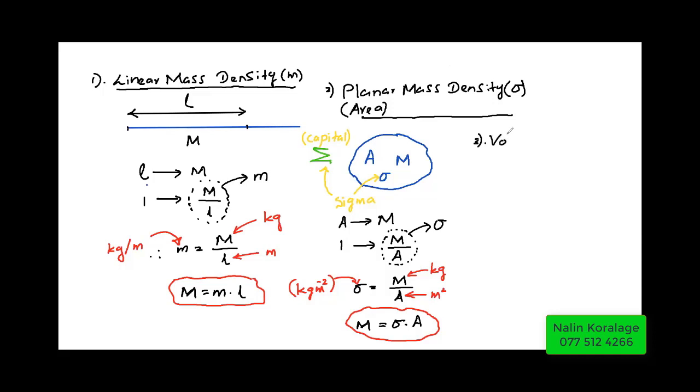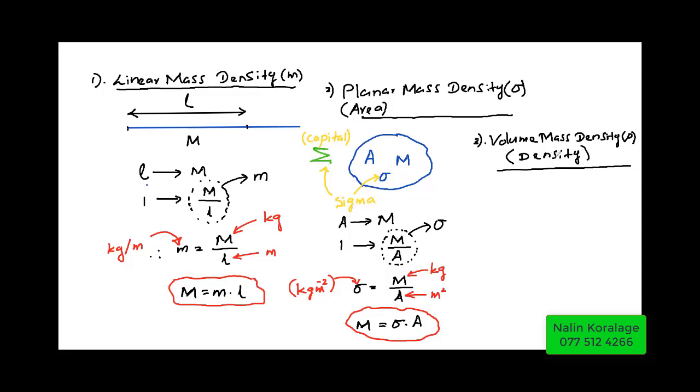Usually we say volume mass density, symbolically represented by the letter rho. But simply we say density, right?